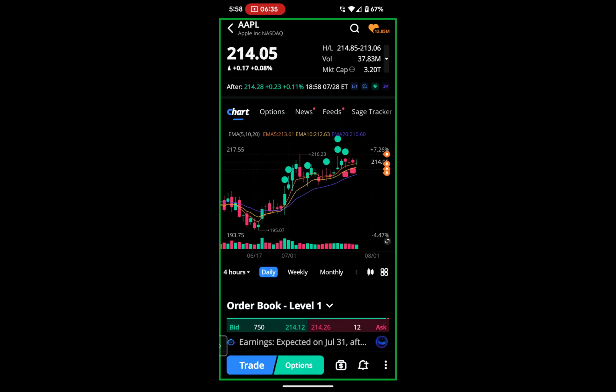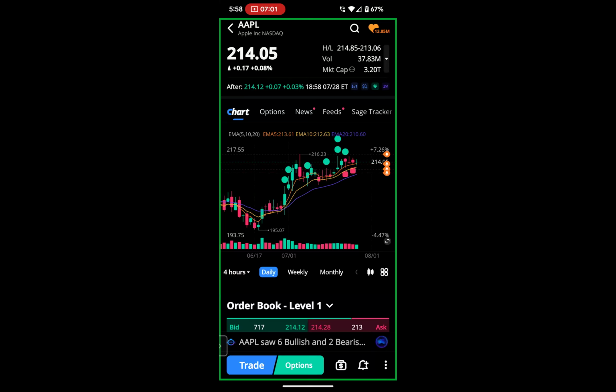The EMA shows the exponential moving average, more weighted to recent prices. So it kind of lets you know where exactly it's going to go. It has the lines inside there of the 50-day moving average as well as the 200-day moving average. The 200-day moving average is of course the long term.